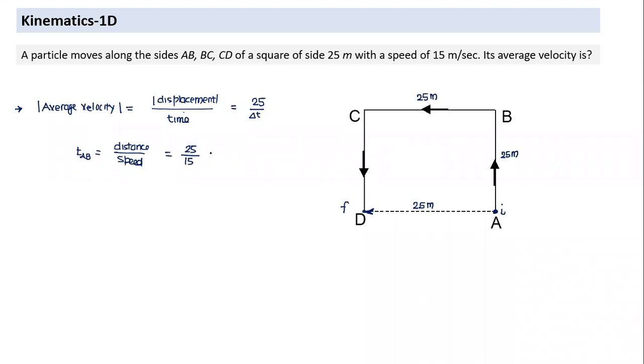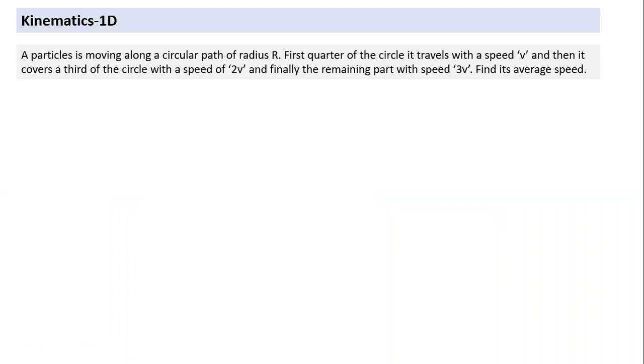Thus t_AB will be equal to t_BC, and it will be equal to t_CD. So the total time will be 3 times this value, 3 into 25 by 15. So easily you can find. That's also a simple question.